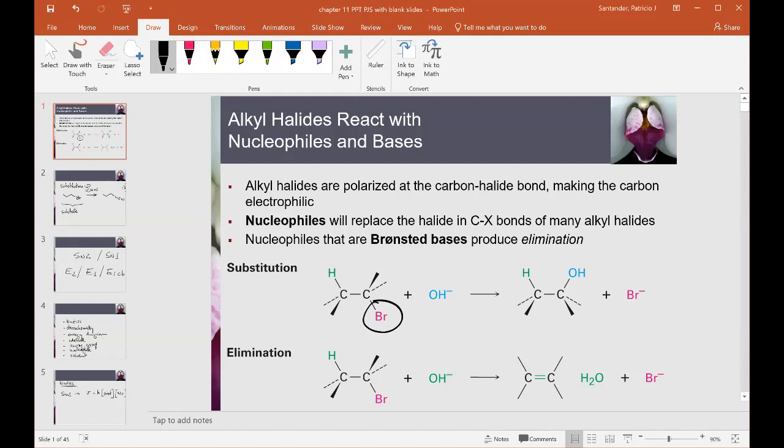And so we can have, as I said, substitutions or eliminations. Well, in chapter 6, we learned a very easy way to recognize a substitution. Substitution is when you have one group that leaves and another group that comes in and takes the place of that, right? This is just like in sports.